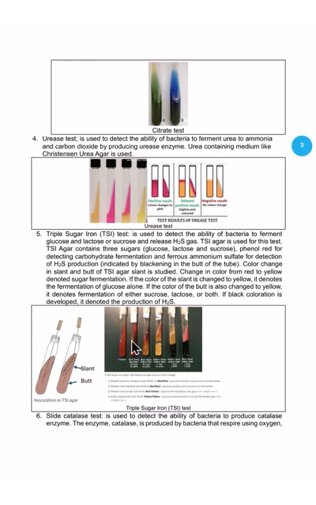nor the ferrous ammonium sulfate salt. If the medium produces a reddish or pinkish color, change from red to yellow. Usually the medium is reddish in color. If it changes from red to yellow in the slant only, that means the bacteria has the ability to ferment or utilize glucose.